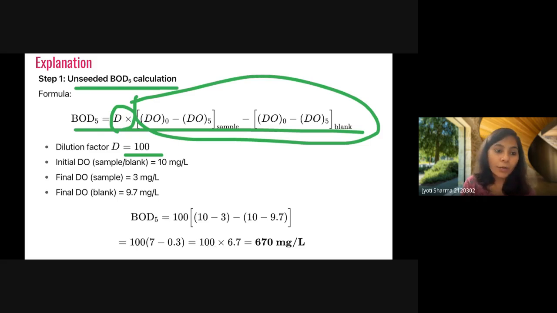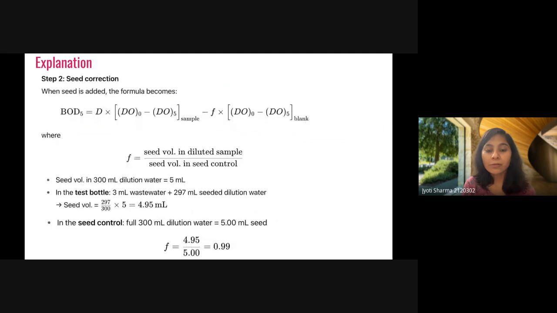Then going to the second part, we have to calculate F. This F is seed volume in diluted sample upon seed volume in seed control, and here it will be 4.95 upon 5, which is equal to 0.99.